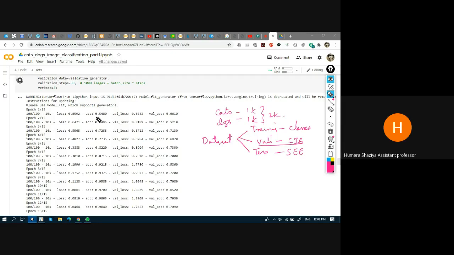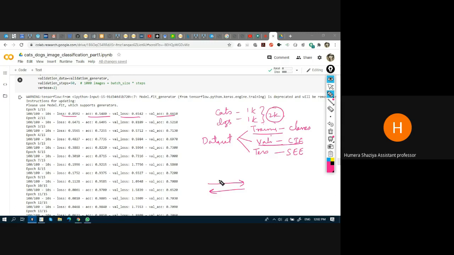So this is what is happening here. We are training the model, and this is with respect to training data, and this is with respect to validation data. There are 15 epochs. One epoch means all 2000 samples will be moved forward and backward in a forward pass and back pass. We studied forward pass and then backward pass.